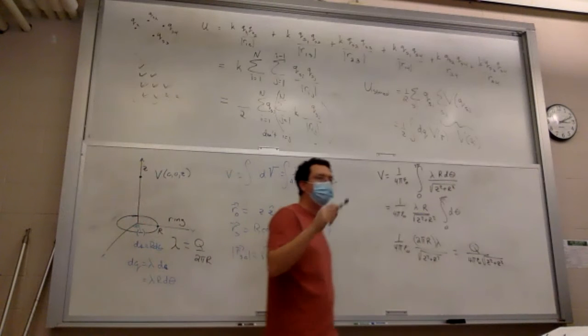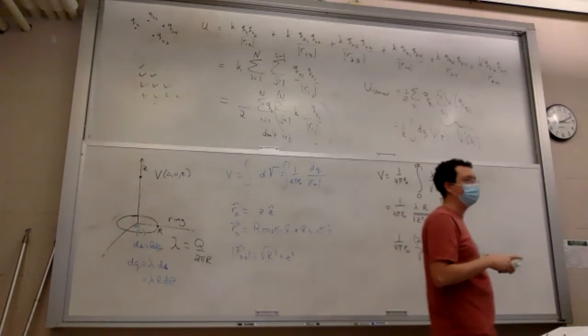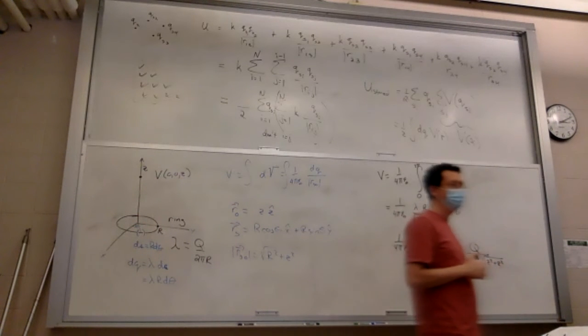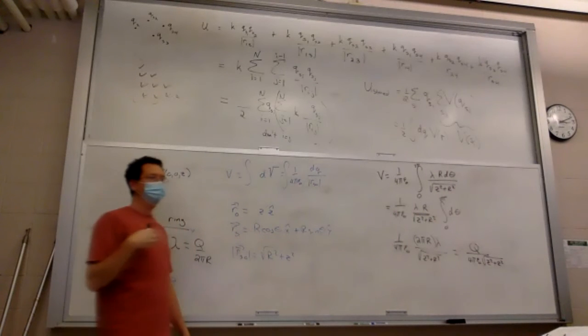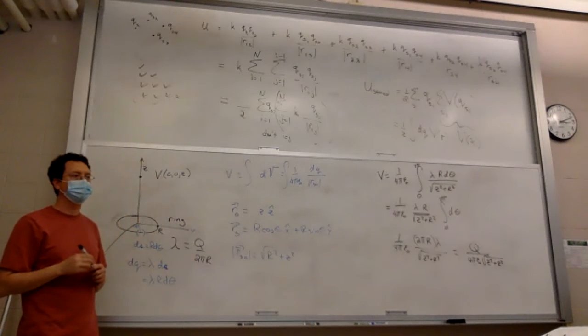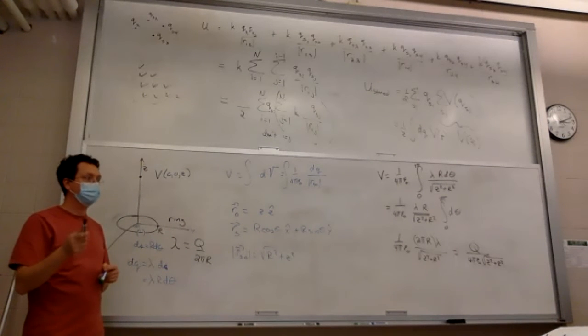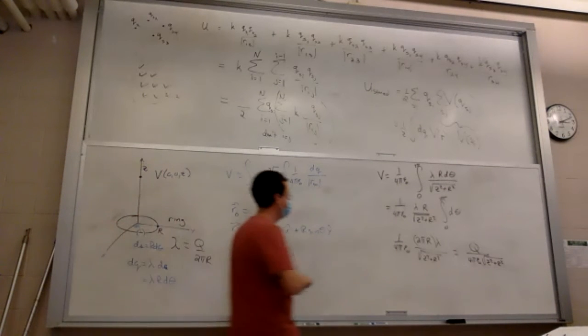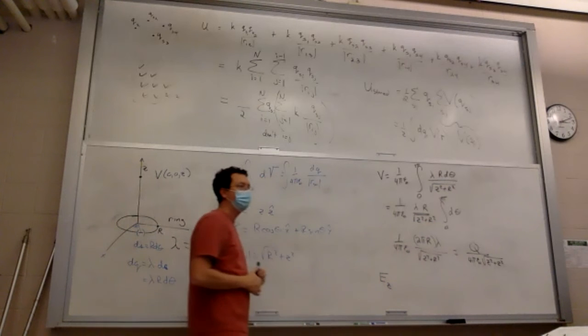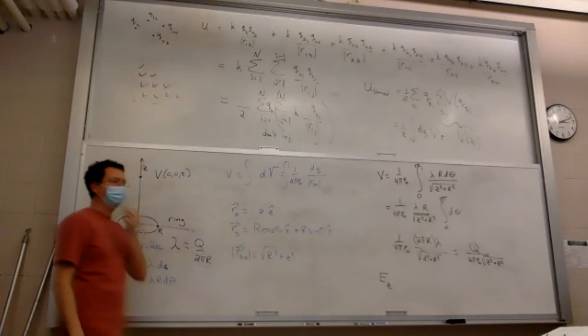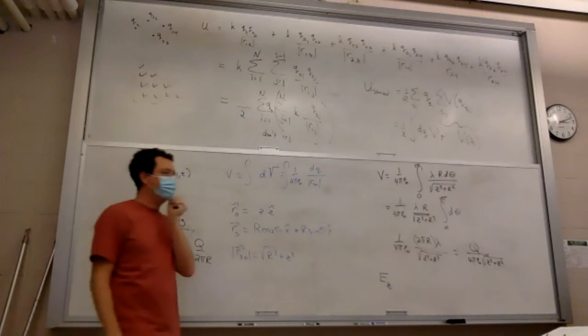How could you work out the z component of the electric field? How do you go from potential to electric field? Gradient. Minus the gradient. So use this to find the z component of the electric field. By symmetry, the x and y parts have to be 0. So how would you work out that?